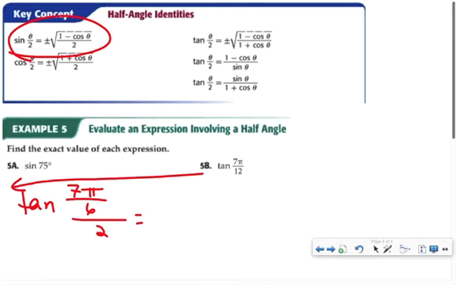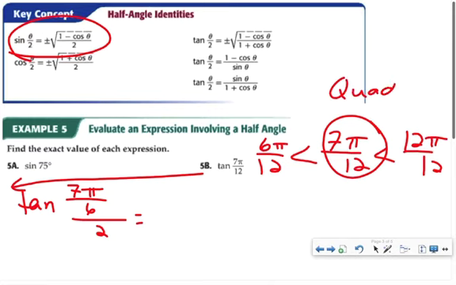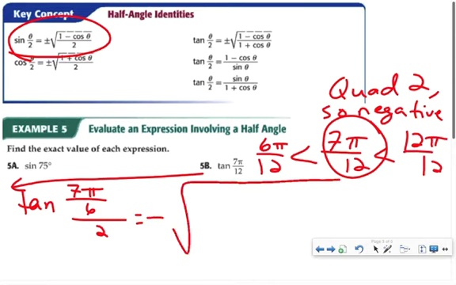Now, if you don't know how I figured that out, realize 7 pi over 12 is less than pi, which is 12 pi over 12, but it's greater than half pi, 6 pi over 12, which means 7 pi over 12 is in the second quadrant, making it negative. Okay, so it's going to be negative.